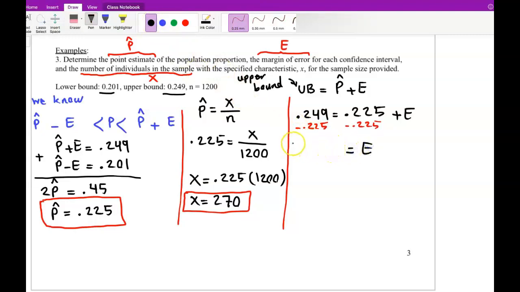So E is equal to 0.024. So 0.024 is our margin of error.